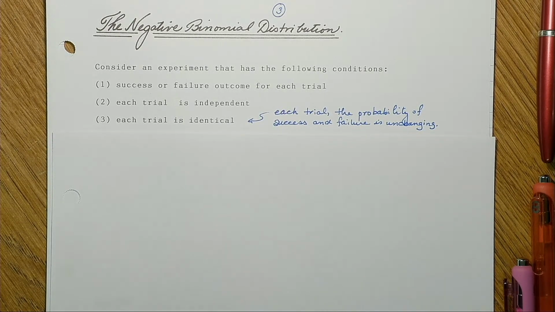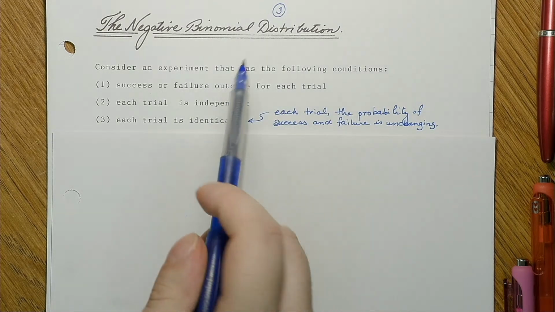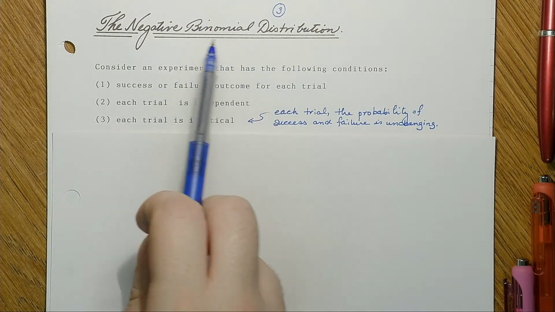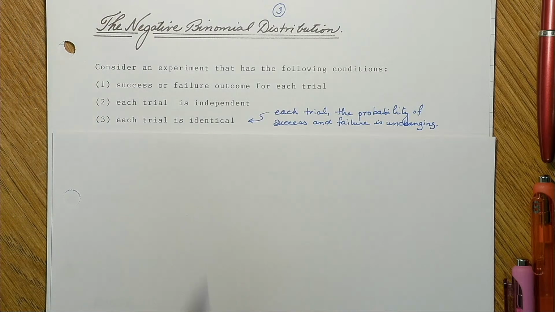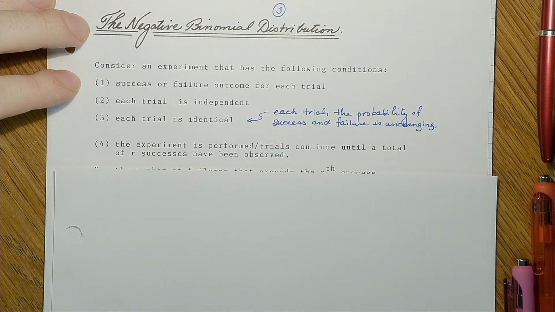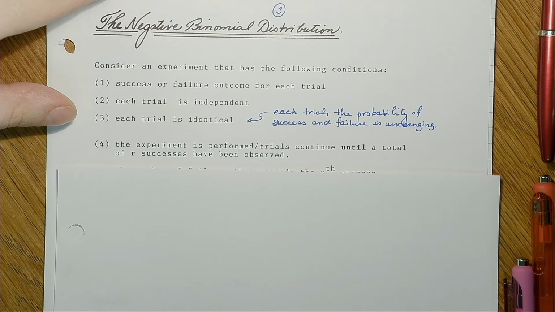So you can see why we called it the binomial distribution, because we already are including the three conditions for it. So we have to have something a little bit extra to make sure that it's different. And that's where we have the fourth condition here.